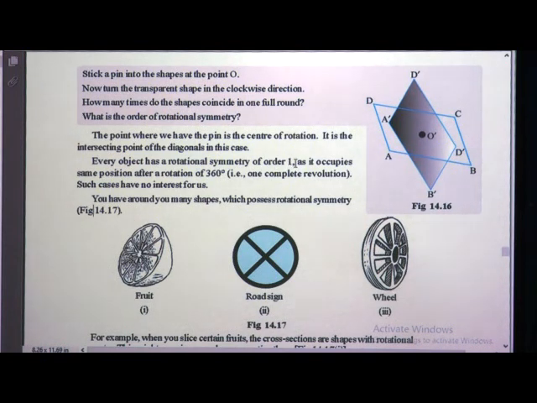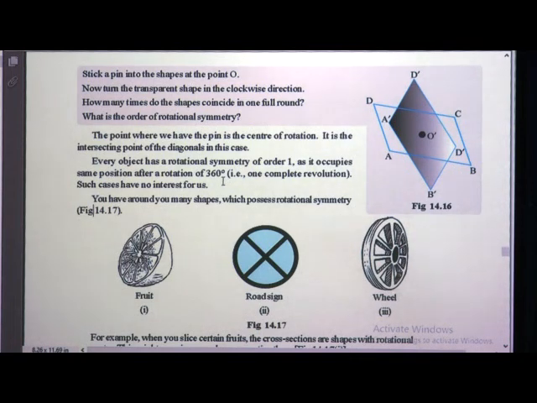Each and every object has rotational symmetry of order 1, as it occupies the same position after a rotation of 360 degrees; it comes back to its original position. That is one complete rotation, 360 degrees.